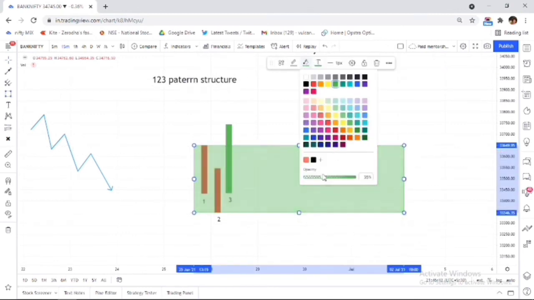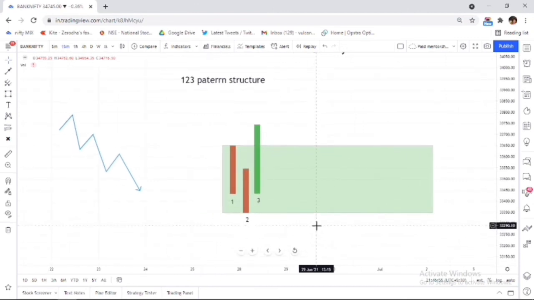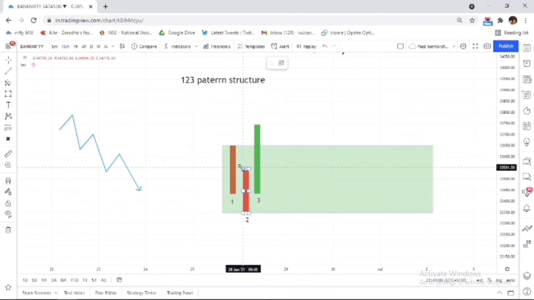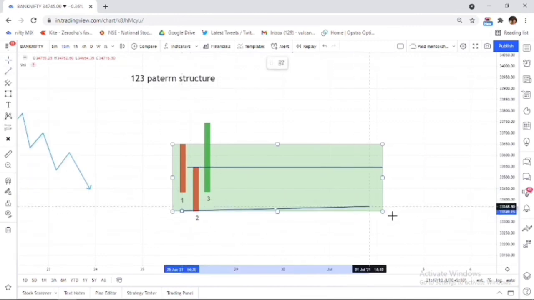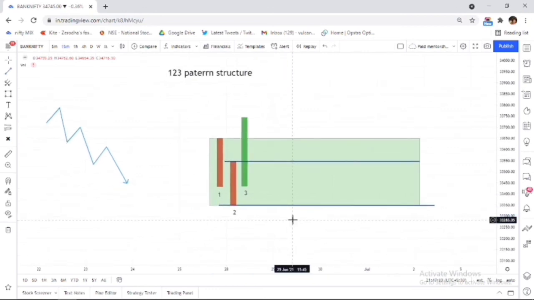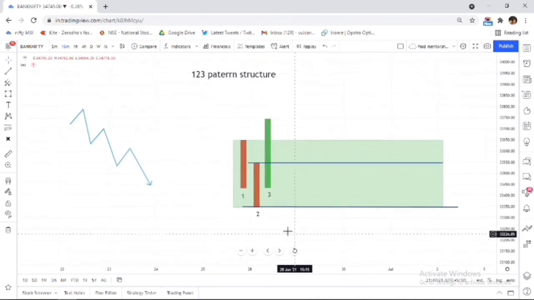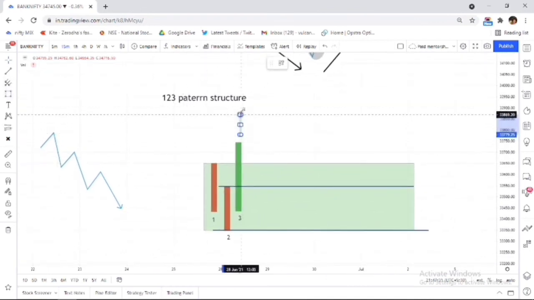Now I will measure the first and second candle, and this is my order block from high to low. What I will do next is break this order block by scaling, put my orders, and put my stop loss below the second candle. This is my standard.